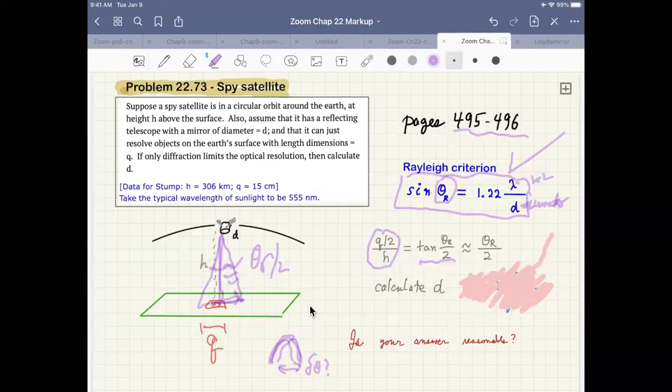So q over 2 divided by h, by, again, trigonometry. Look at this little right triangle here. The tangent is the opposite, which is half q, over the adjacent, which is h. Now, that'll be a very small number for a spy satellite, so I can just approximate that by theta r over 2.